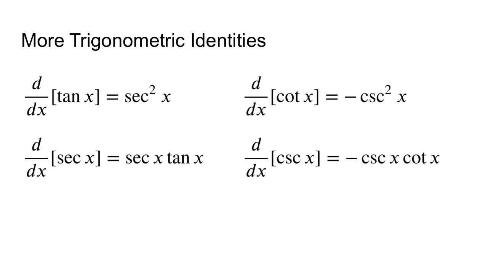The derivative of cotangent is negative cosecant squared, and the derivative of cosecant is negative cosecant x cotangent x. And again, these proofs are very similar to the way we just proved the derivative of tangent with secant squared. But again, I'm committing these to memory so that I don't have to go through that process every single time I want to take the derivative of one of these trig functions.